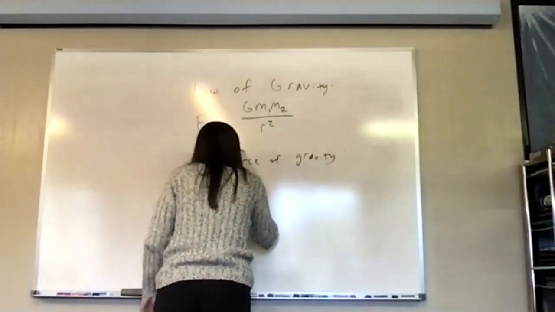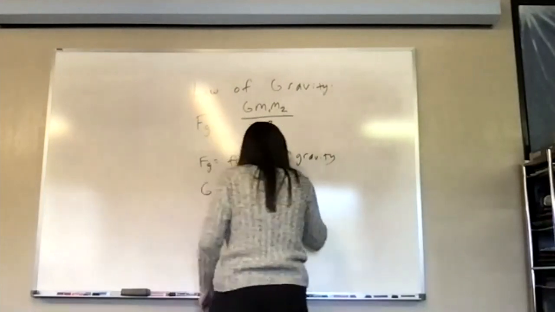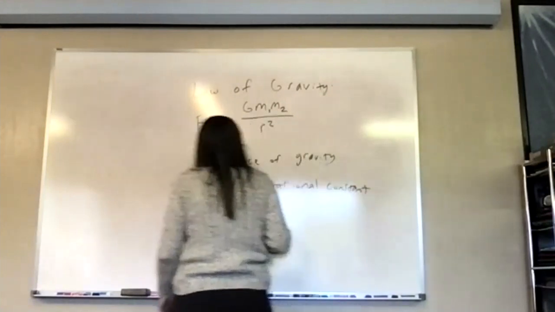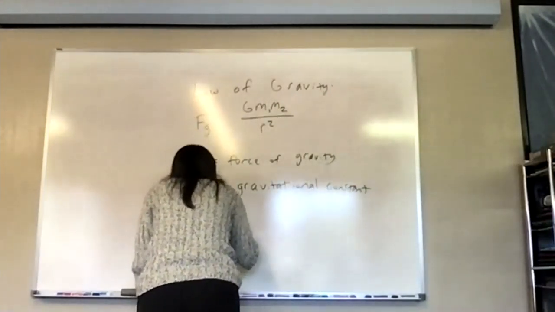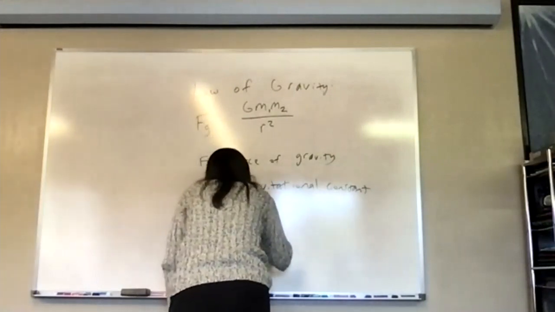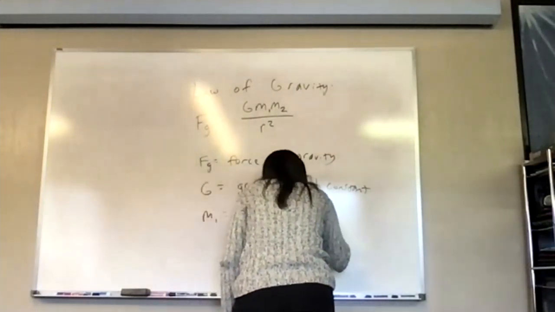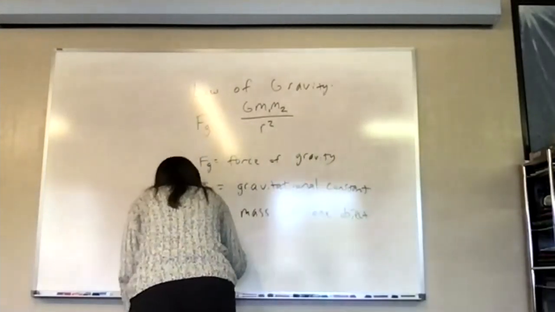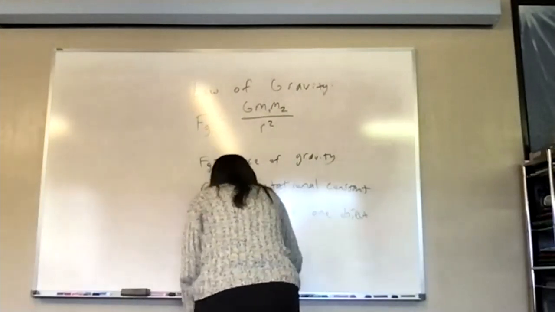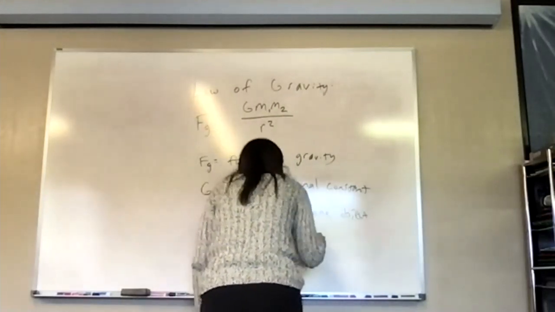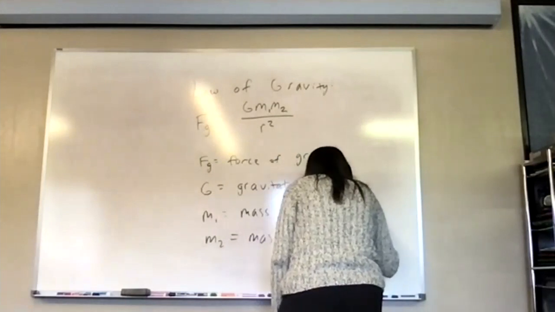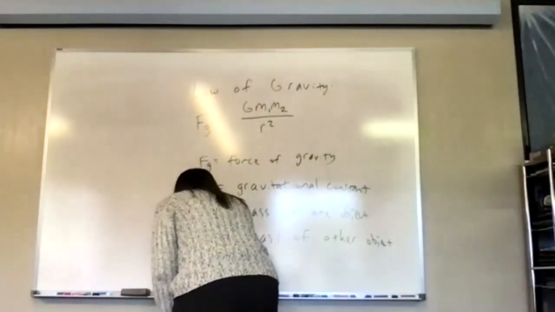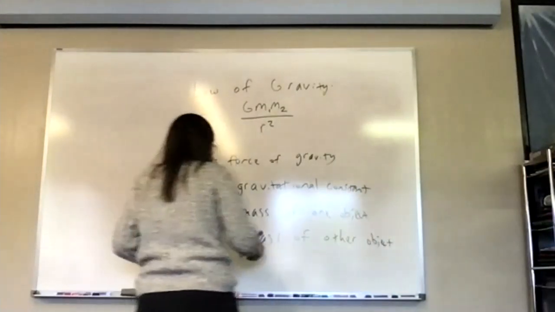Capital G, gravitational constant. And then M1, mass of one object. M2, mass of the other object. And then R is the distance between the two centers of the objects.